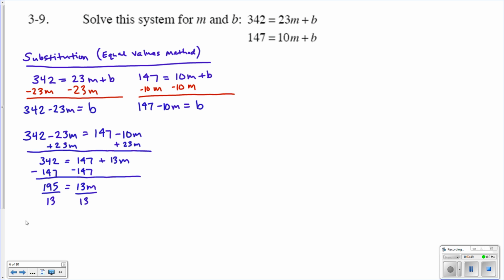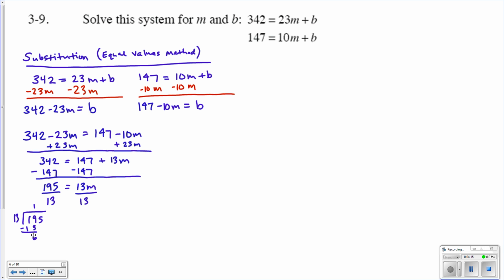And let's see, 130 would be 10, and then we still have 65 to go. Well, you know, let's just do division. Division's fun. So 13 goes into 19 once. That's 13.